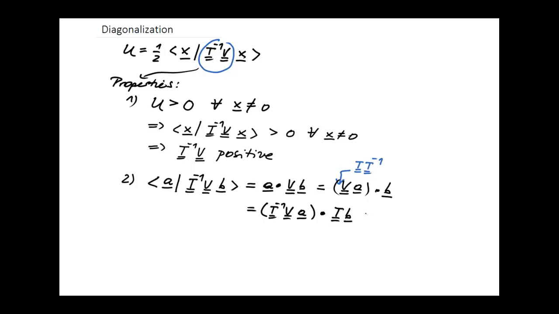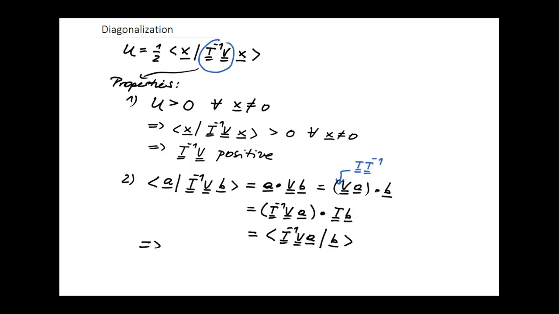And this is by definition equal to, and now we write it again in terms of the new scalar product, T minus 1 VA new scalar product with B. What we have shown in this way is that if we take the product of matrices T minus 1V, we can shift that from the right argument of the new scalar product to the left argument of the scalar product.